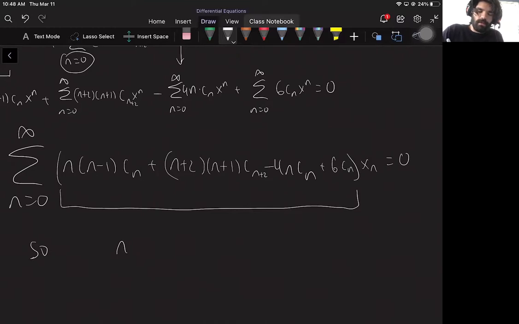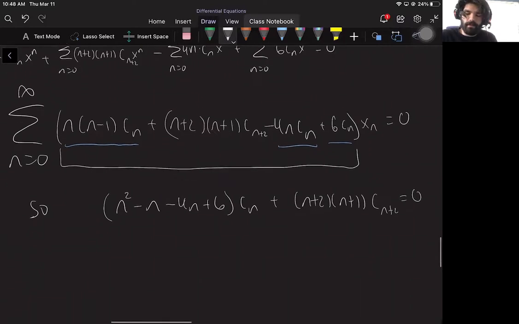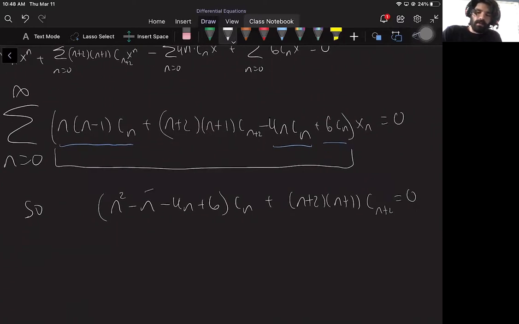So this is going to be n squared minus n minus 4n plus 6. So I've combined the Cn terms plus n plus 2, n plus 1, C n plus 2 equals 0. This guy becomes minus 5n, and then it factors into n minus 3 and n minus 2.